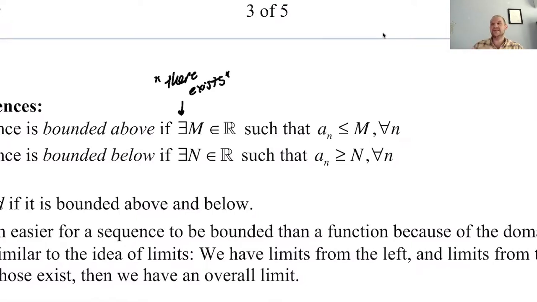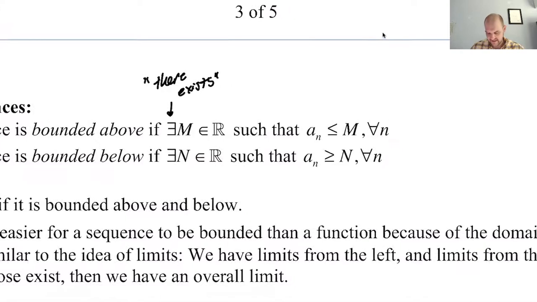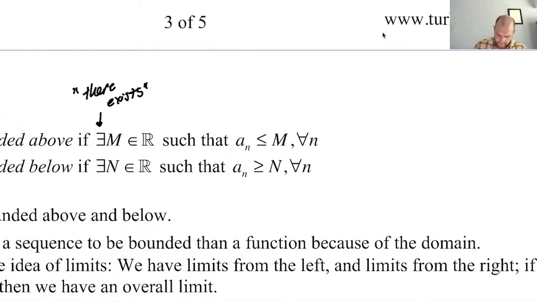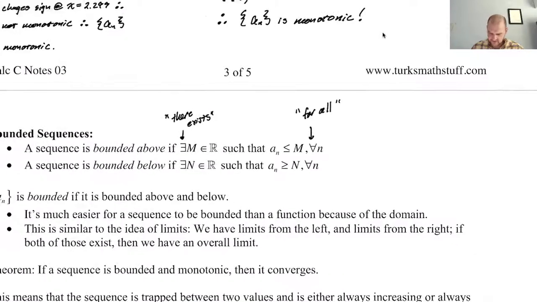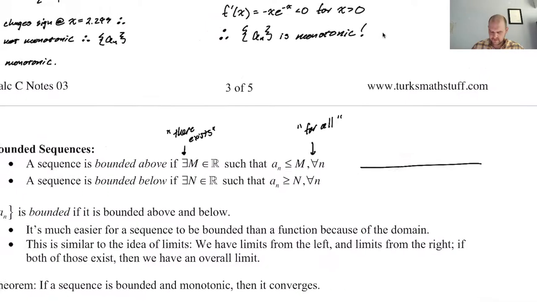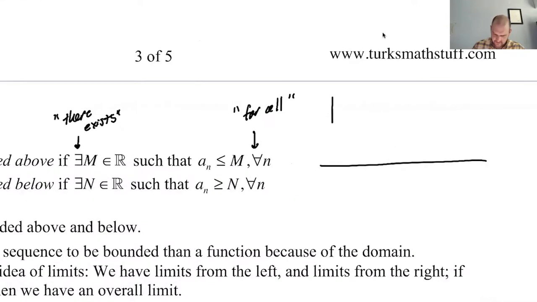So M is the upper bound. And then this symbol is for all n. So what we're saying is that when you look at the terms of the sequence, so let's say this is a sub n, and then this is n.